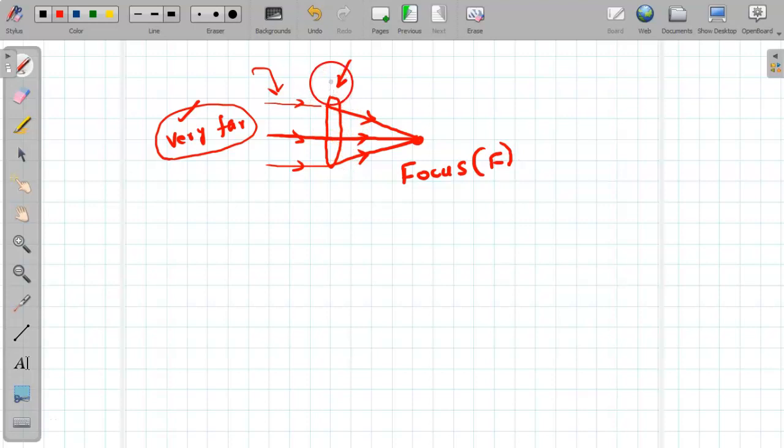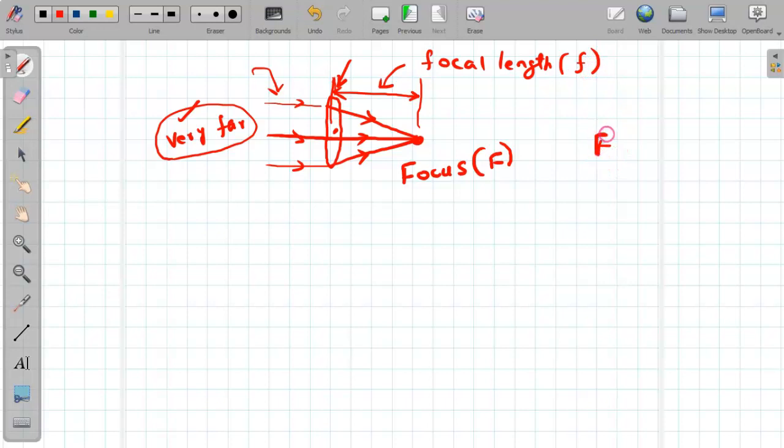From the center of the lens, the optic center, to the principal focus, there is some distance. This distance is known as focal length, and the symbol is small f.